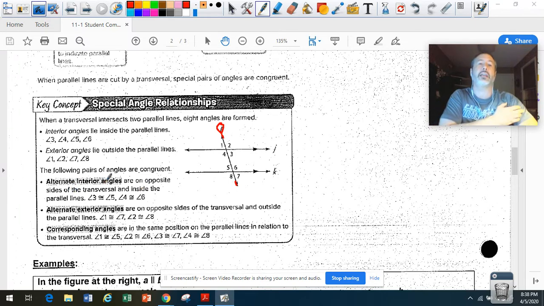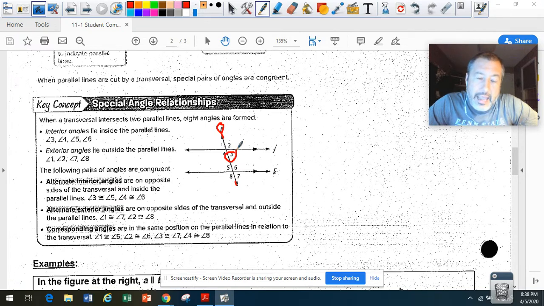So what we're saying here is this. Look here at angle 3. Angle 3 is congruent to angle 5 because they alternate across the transversal, and they are interior, which means they are inside the parallel lines.